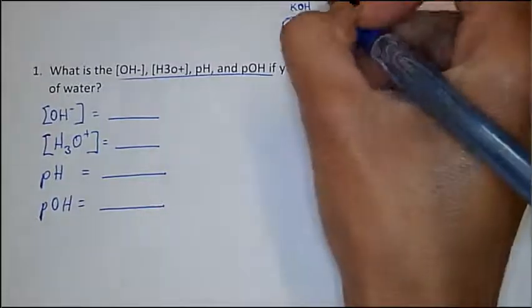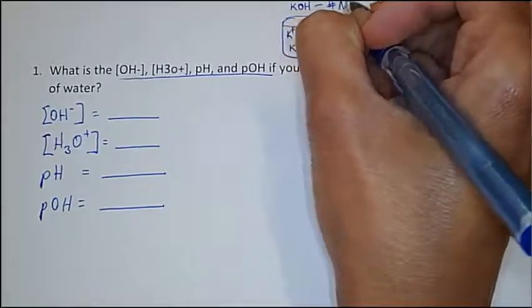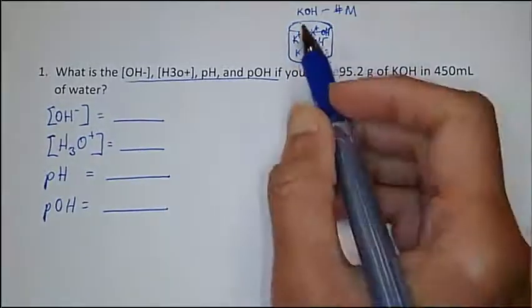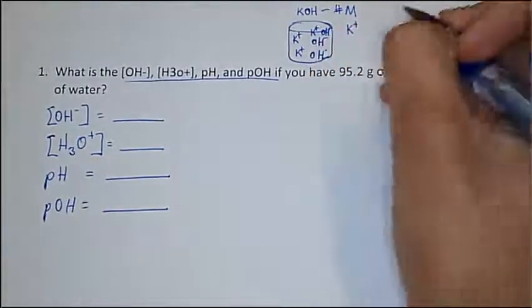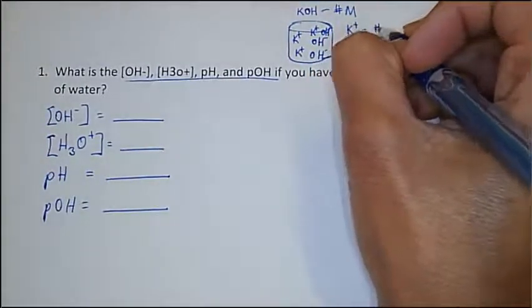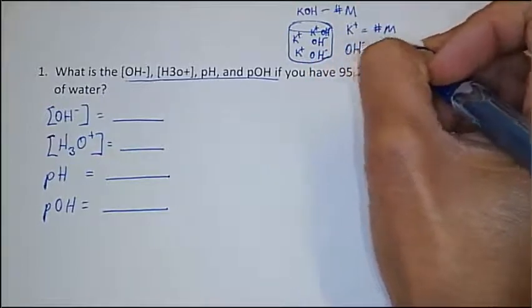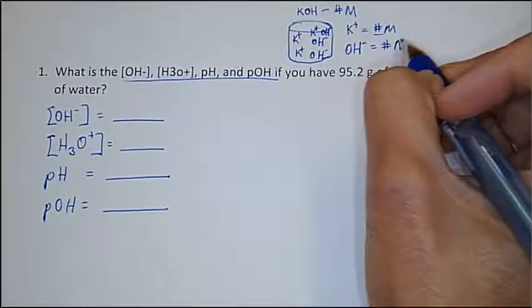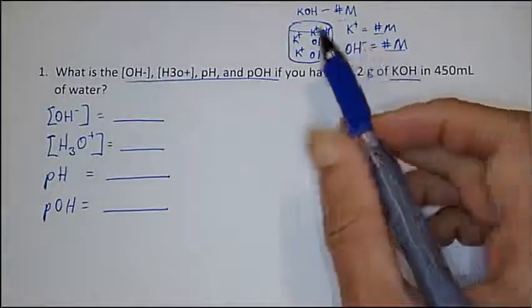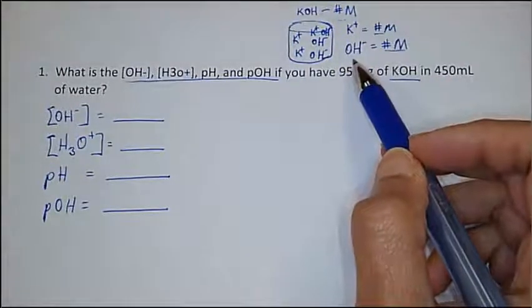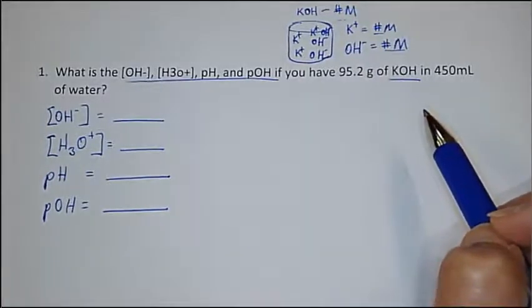So let's say you have a certain molarity of this solution of potassium hydroxide. Well, that is going to be the molarity of your potassium, whatever molarity it is, as well as the hydroxide. So your molarity is going to be the exact same as your solution, okay? Because it is a strong base, remember that your strong bases are usually in group 1 and group 2.